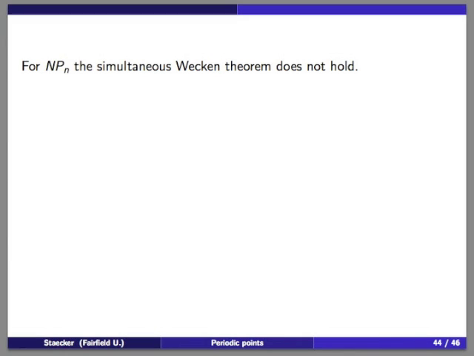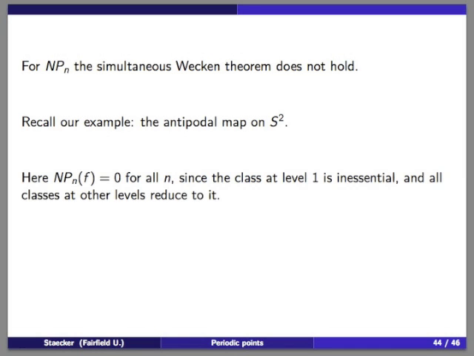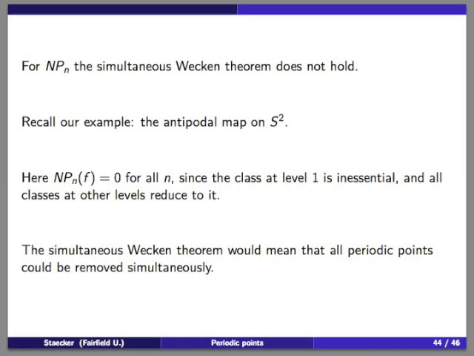In fact, it's not hard to find examples that show it's not possible to do simultaneously, even for two different periods. Here's an example: the antipodal map on S2. If you recall, all the NPn of f equal 0 for all n. We already talked about that. So if you had a simultaneous Bekon theorem, it would mean you could change the map so that it has no periodic points of any period.